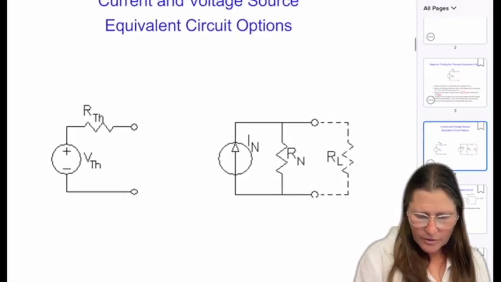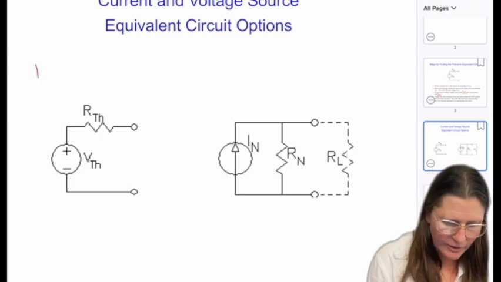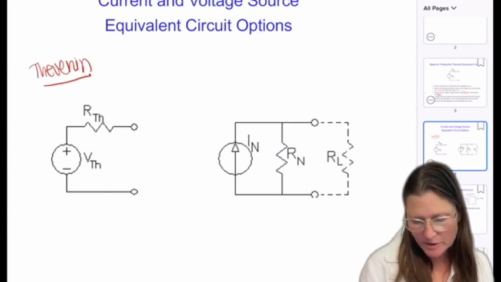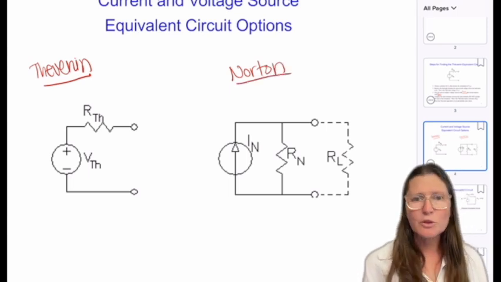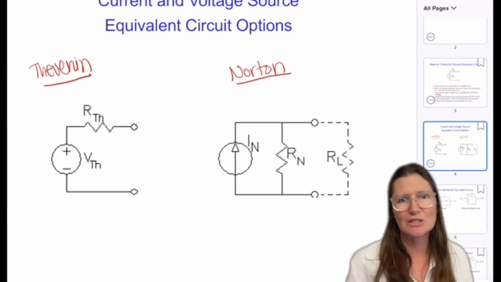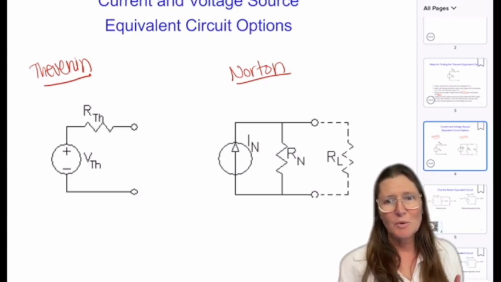So we have an alternate form. This is the Thevenin, with a voltage source and a resistance, and this one is called the Norton equivalent. The Norton has just a current source and a resistance to it also. So a couple ways you can do this.